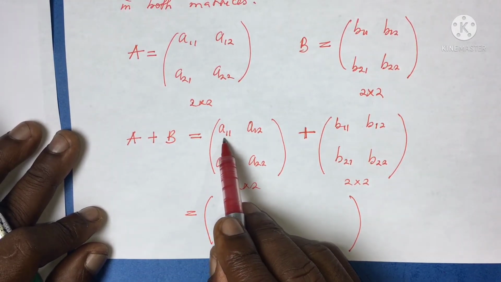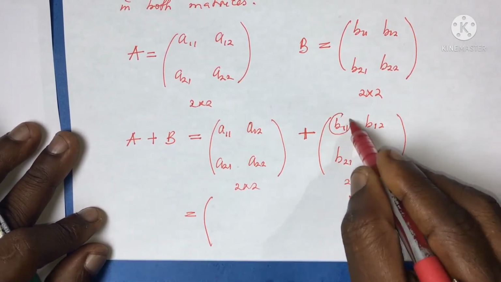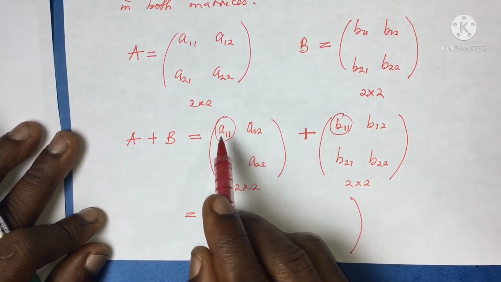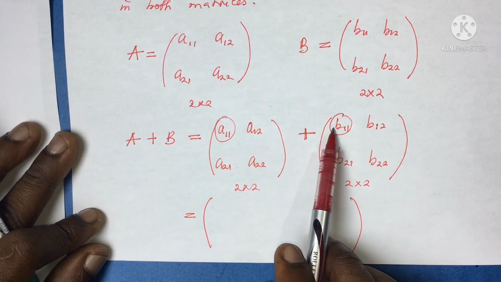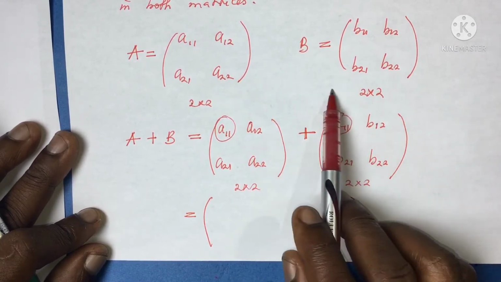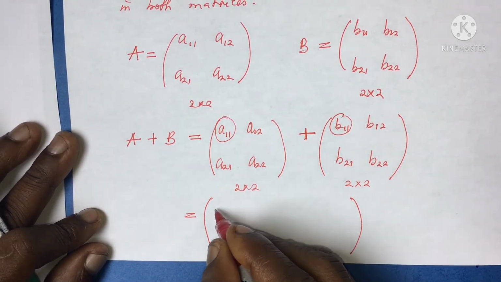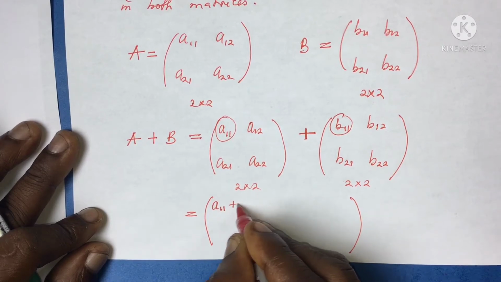Note that A11 occupies the same position as B11 in both matrices. That is, it occupies the first row, first column, just like B11 occupies the first row, first column. So this would mean adding A11 to B11.